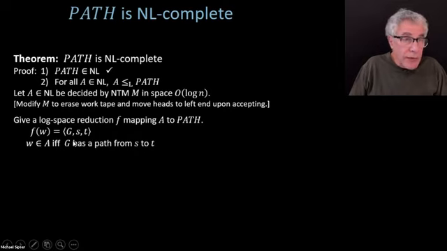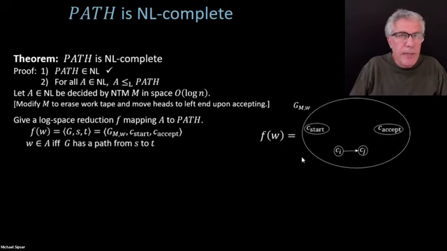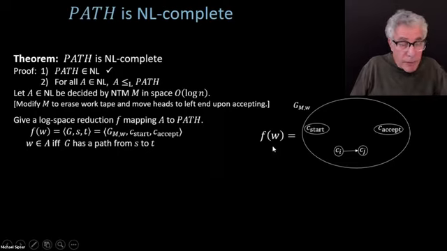That's going to be the configuration graph for the machine that decides A. Okay? So that is how it's going to look. Here's a picture: f of W, where W again is your problem about membership in A, is going to become a problem about membership in path. And it's just going to be the configuration graph for M on W.